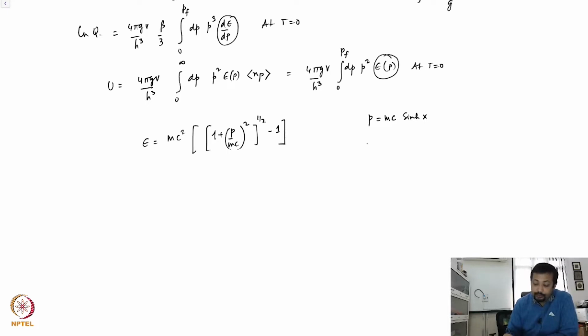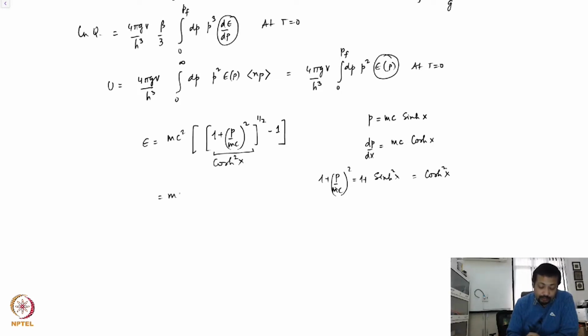And therefore, one should note that dP/dx, which you are going to use frequently, is mc cosh x, and 1 plus P over mc whole square is 1 plus sinh square x, which becomes cosh square x. So that you have mc square (cosh x minus 1). This is the relation.